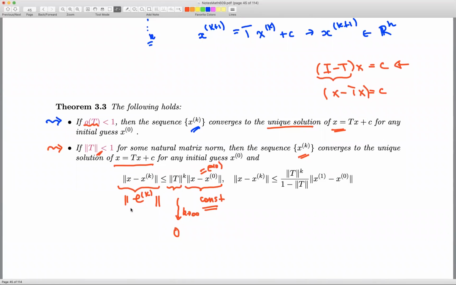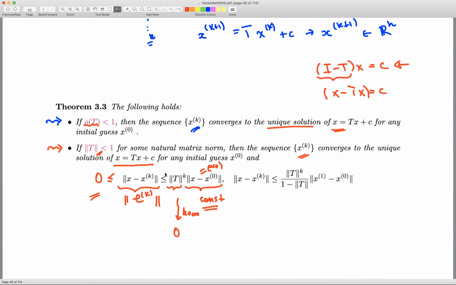And so we have that the norm of x minus xk on one side is bigger than or equal to 0, because it is a norm of a vector, and the norm of any vector is bigger than or equal to 0.